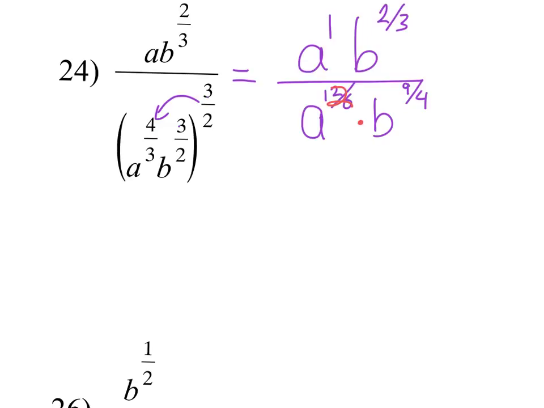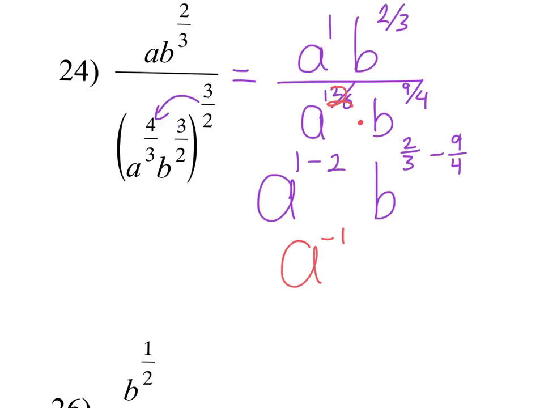Next thing's next, I got to treat these guys with exponent rules. We're dividing, so what we're going to do is subtract our exponents. So we've got a to the 1 minus 2 and b to the 2/3 minus 9/4. Okay? With the first one, we get a to the -1. I'm going to talk about what to do with that negative in a minute. And then for the second one, we've got to deal with our common denominators, because I can't subtract those until they're common.